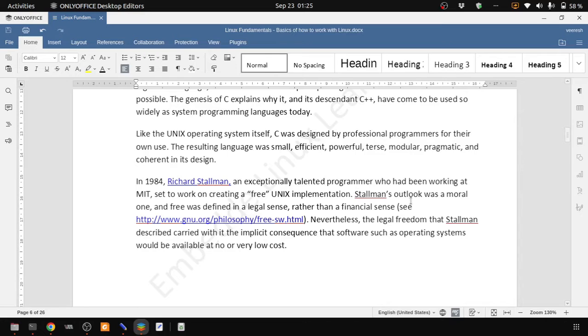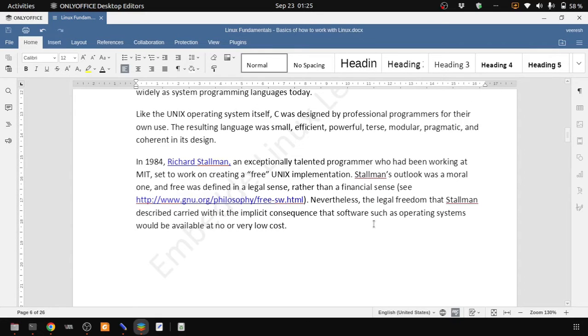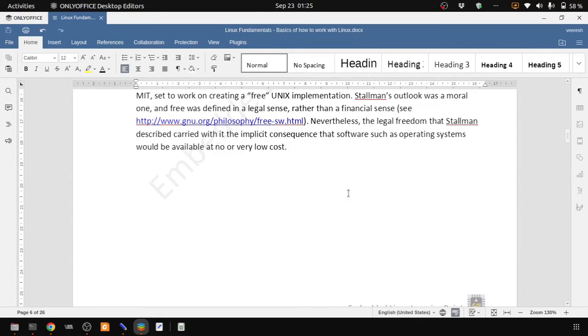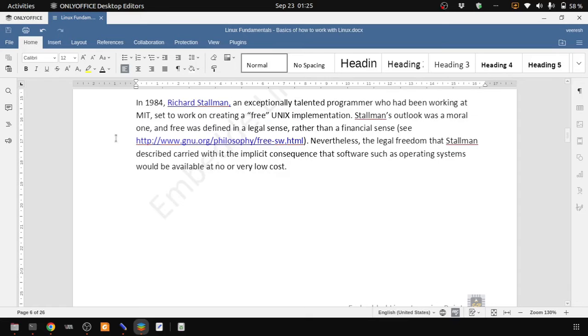And in 1984, Richard Stallman started working on a project called the GNU project. He wanted to have a free Unix implementation. Stallman's outlook was a moral one, because he felt Unix was closed and cost a lot of money.